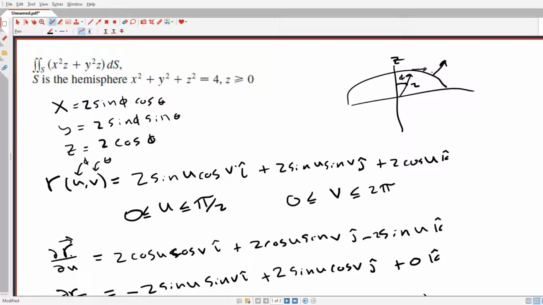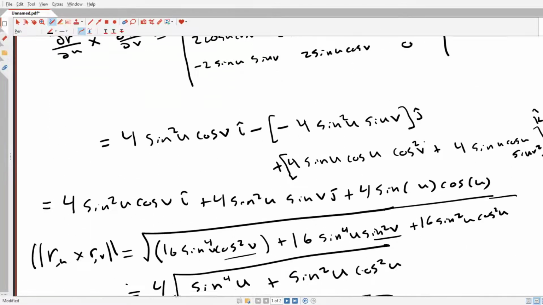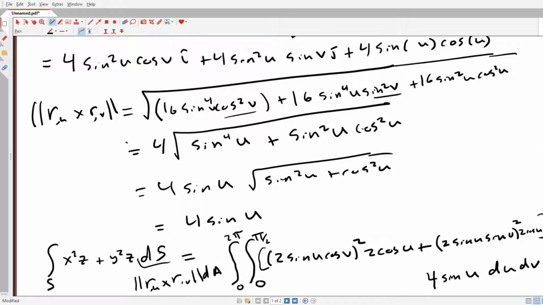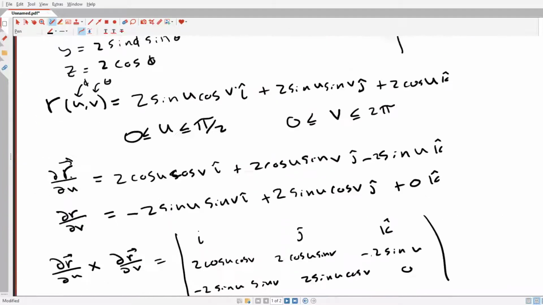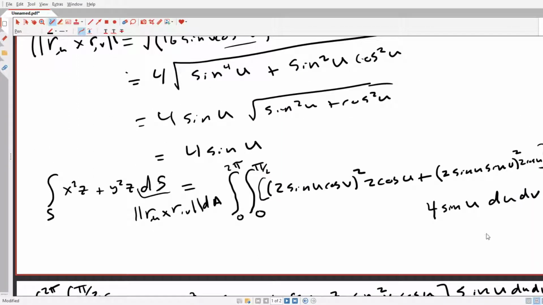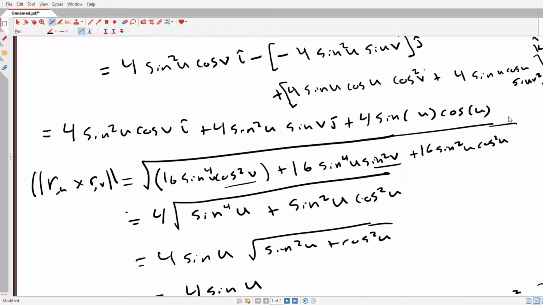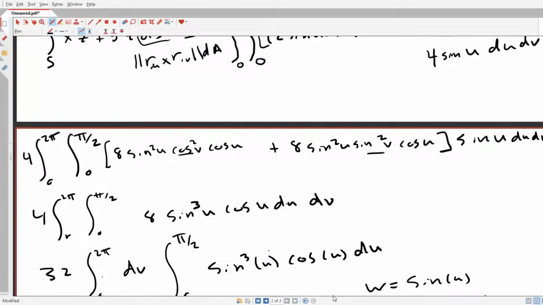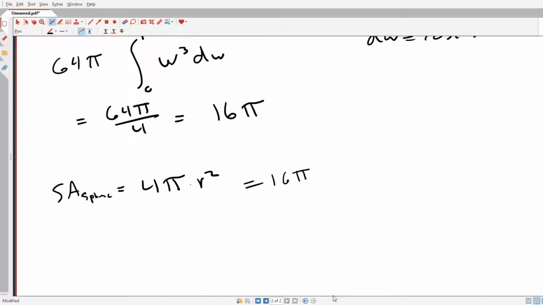Hmm. Oh, you know what? No, no, no. I'm sorry. That's just a coincidence. That's not the surface area. What I computed is not the surface area. That's my bad. There's no reason why that should be 16 pi. Okay, if I was just integrating the function 1, then it would be the surface area, but I'm not.